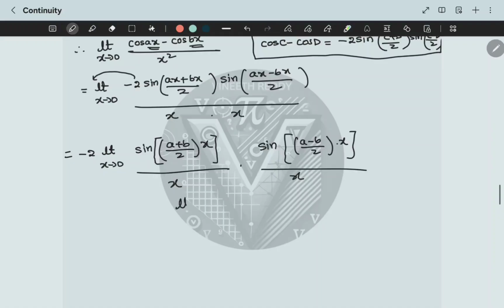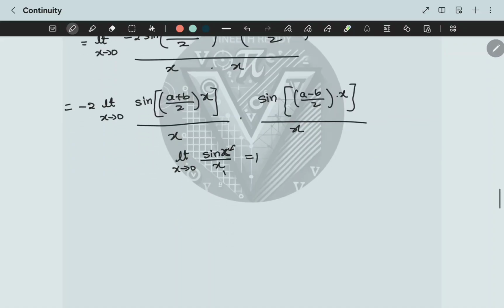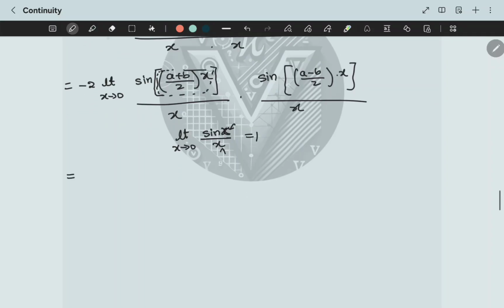Now we know that limit x approaches 0, sine x divided by x is 1. So here if I have x and x in the denominator, it should be 1. But here instead of x I have (a plus b) by 2 into x. So what will I do? I will multiply and divide with (a plus b) by 2. I hope you are following this. So we can write here minus 2 times limit x approaches 0, sine of (a plus b) divided by 2x.